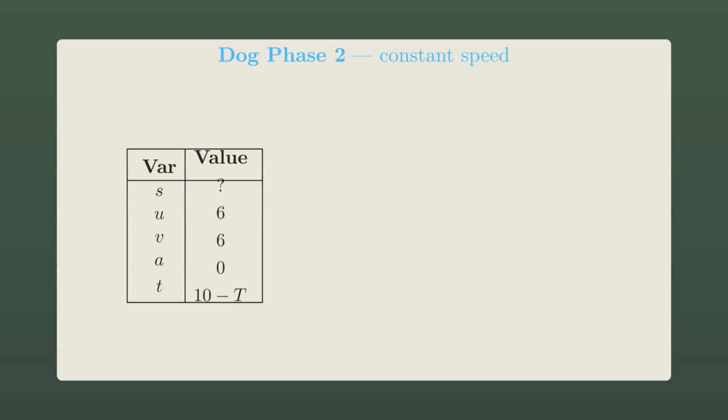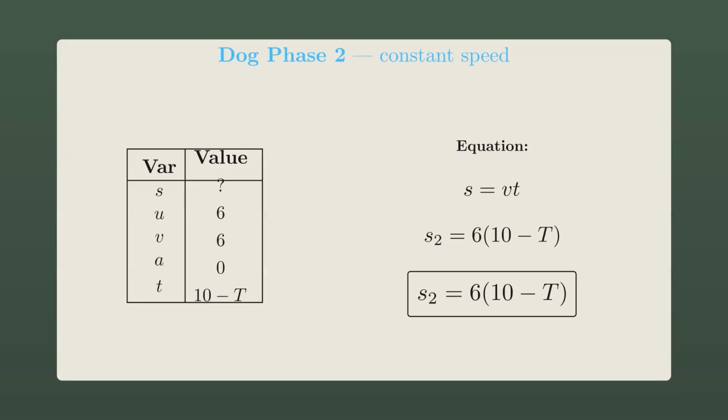And we know that our t is going to equal 10 minus t. Well, this is interesting because remember, if we're traveling at a constant speed, we can just use V is equal to S over t. Okay, which means that S is equal to V times t, so S2 is equal to 6 times 10 minus t. Okay, so that's going to be our value for S2.